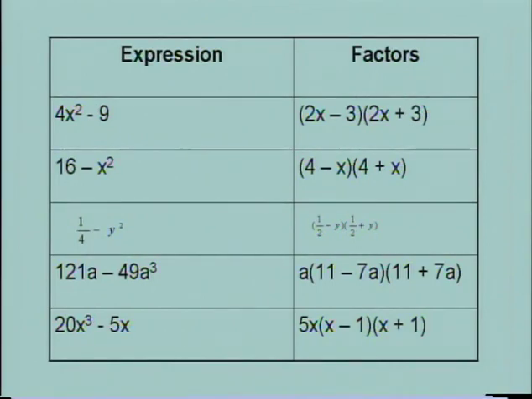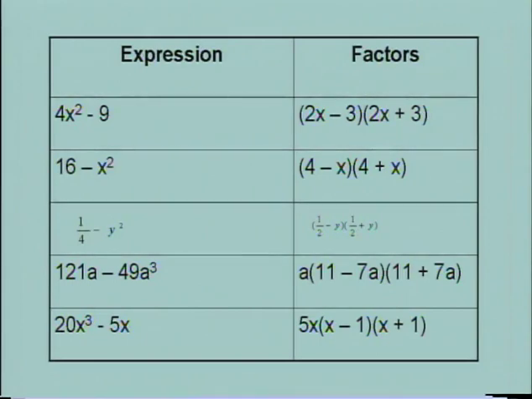Square root of 49a squared would be 7a. And the third factor would be 11 plus 7a. So 121a minus 49a cubed can be factorized as a into 11 minus 7a times 11 plus 7a.